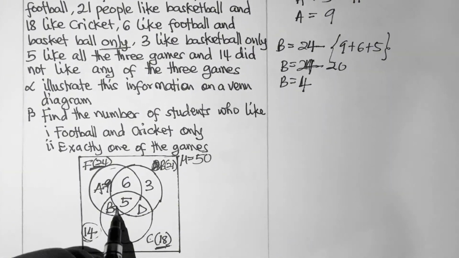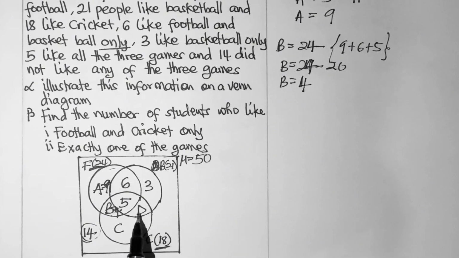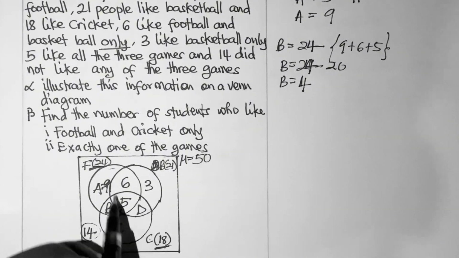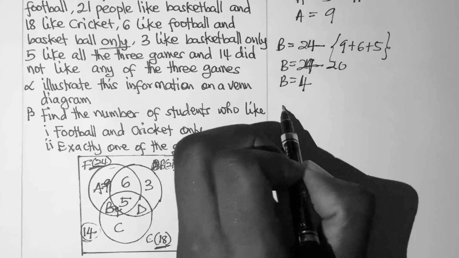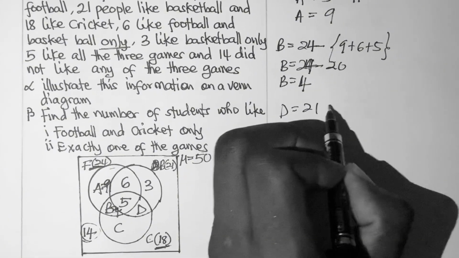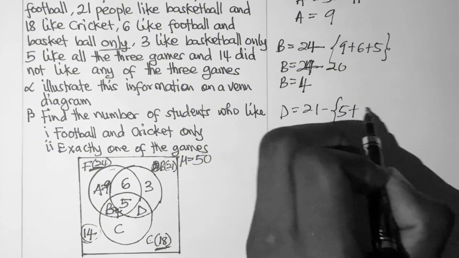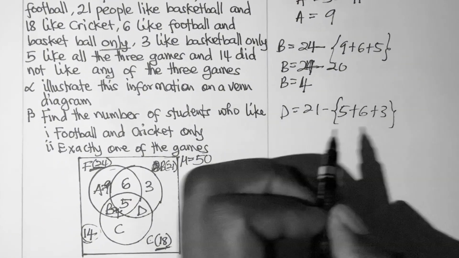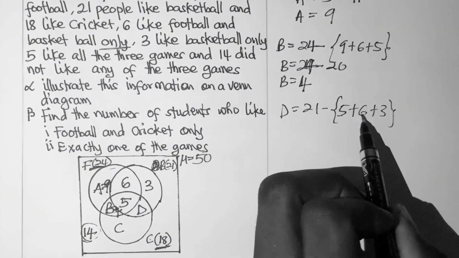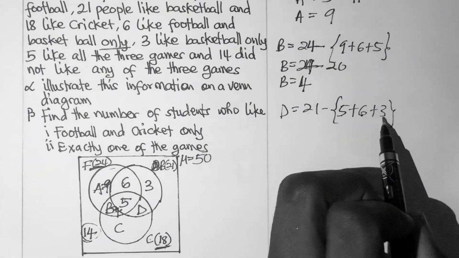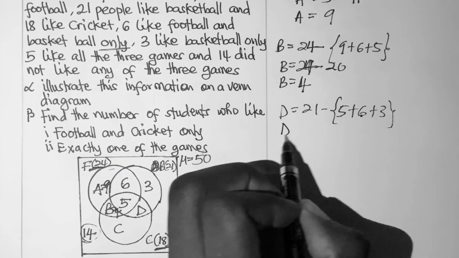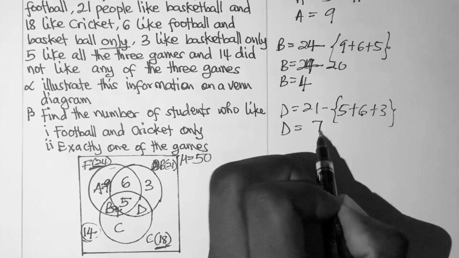So here's 4. So now we can find D because all of this region is 21. So D is equal to 21 minus 5 plus 6 plus 3. Now, 5 plus 6 is 11. 11 plus 3 is 14. So D is equal to 21 minus 14 is 7.